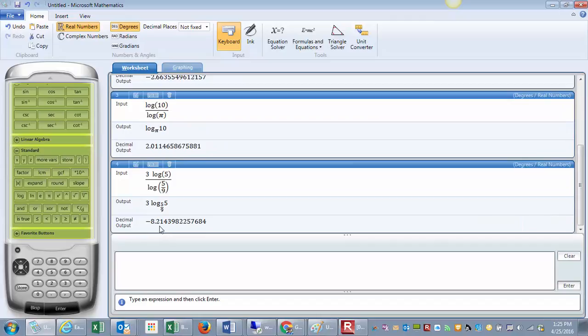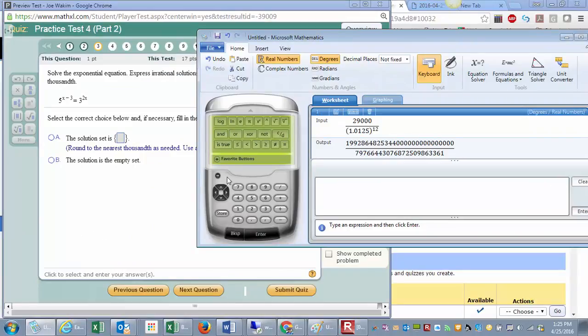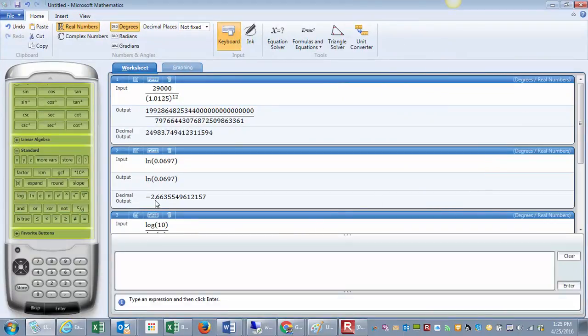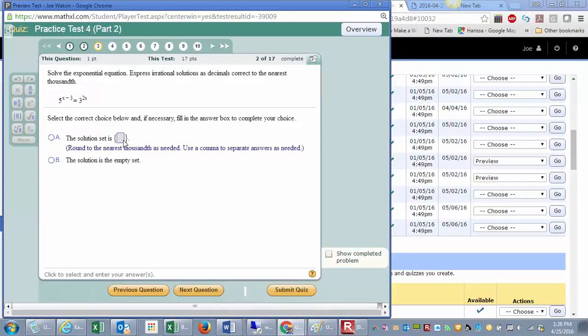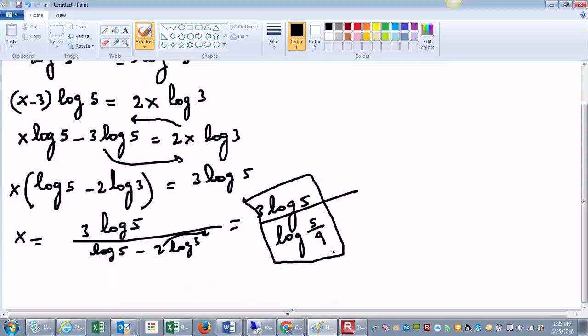Okay, so that's going to be 8 minus 8.2143. Let me see how they want us to submit the answer, to the nearest thousands. So it would be negative 2.664. Okay, let me make sure I did this right again. So 3 log 5 over log 5 over 9.